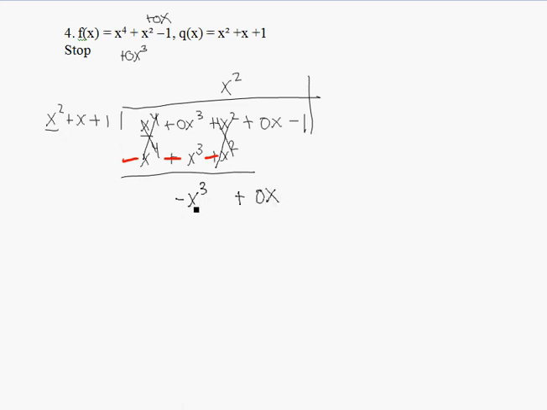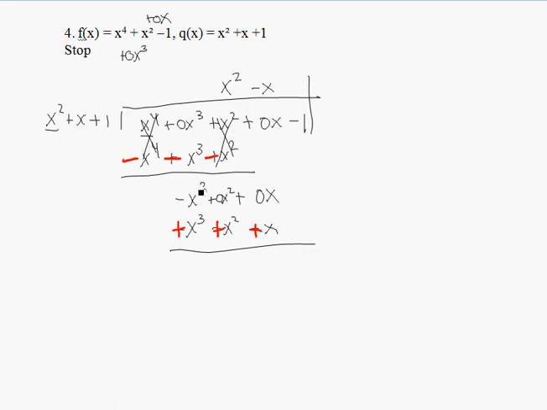X squared times what gives me negative x cubed? That would be negative x. So that gives me negative x cubed minus x squared minus x, and obviously there's a 0x squared in here if you didn't see it already. And now we change the sign, so all three of these become positive.